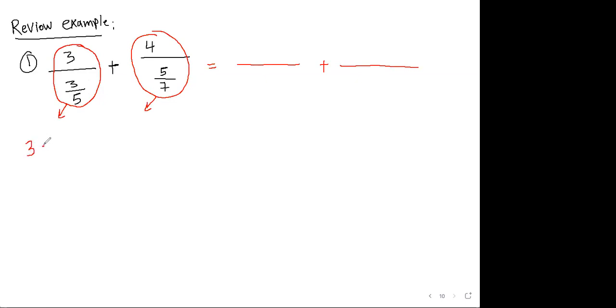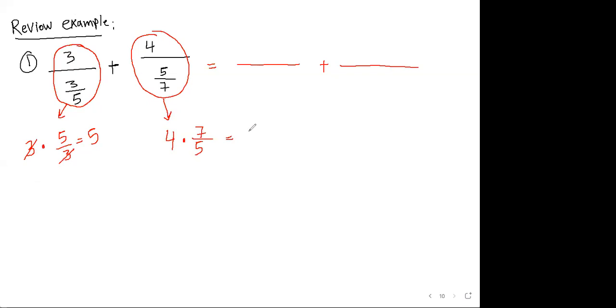It's like 3 times, we flip this one, 5 over 3, and here we can cancel, which gives me 5 only. For the second one, 5 times the flip, 7 over 5.